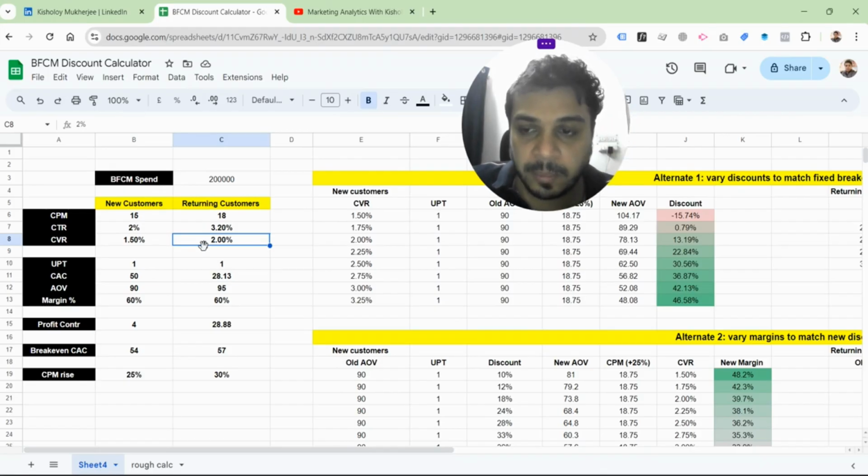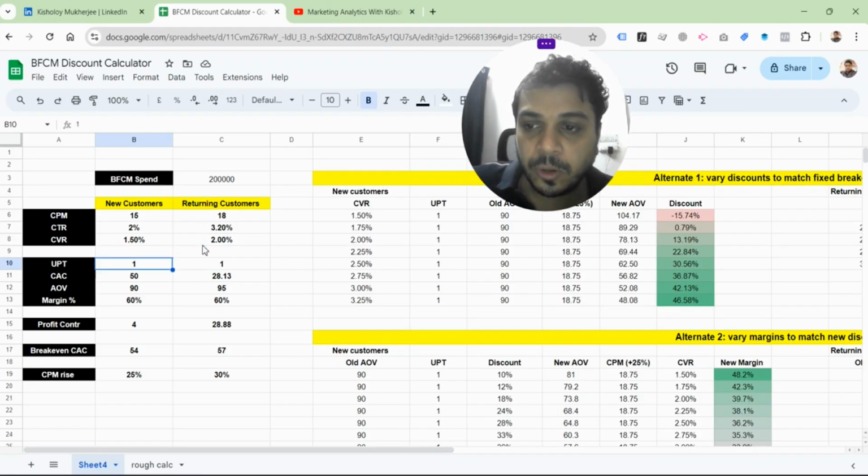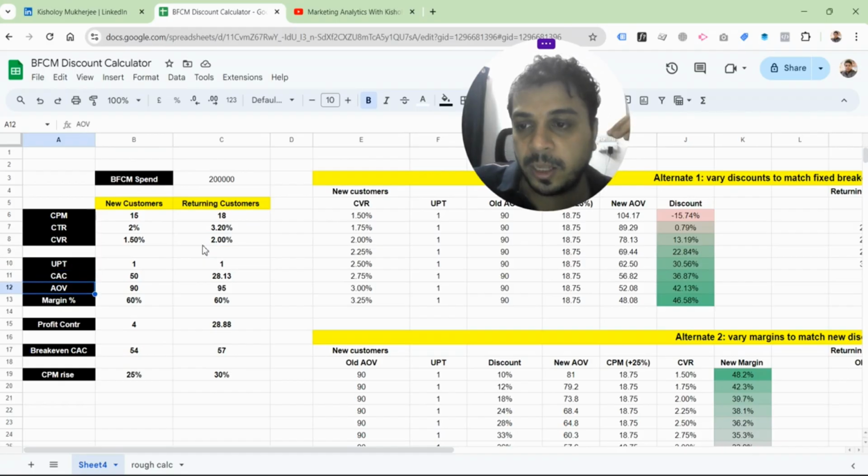So these benchmark numbers being taken, we now move on to the next slab of metrics, which will be UPT. UPT is units per transaction. So how many units of the particular item are being purchased in every transaction, basically. For the purposes of this particular analysis or calculator, I've taken it to be 1.